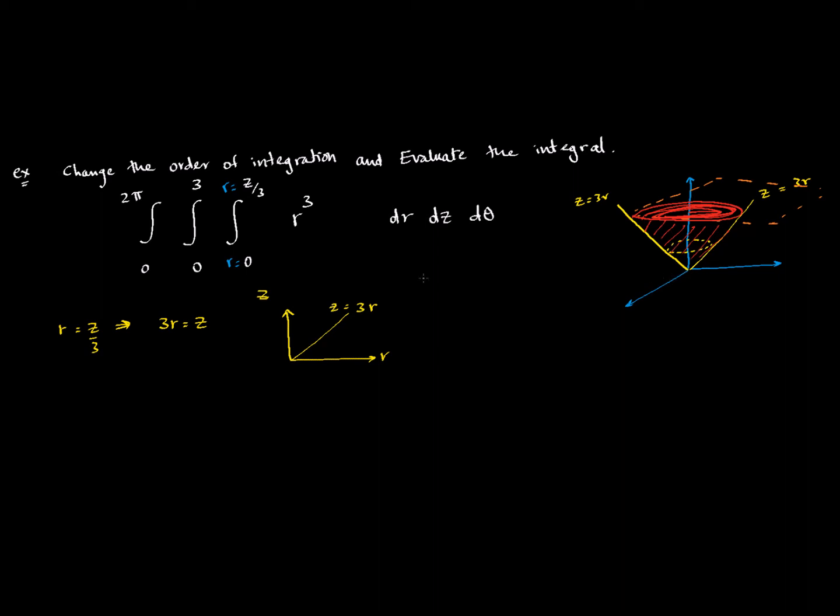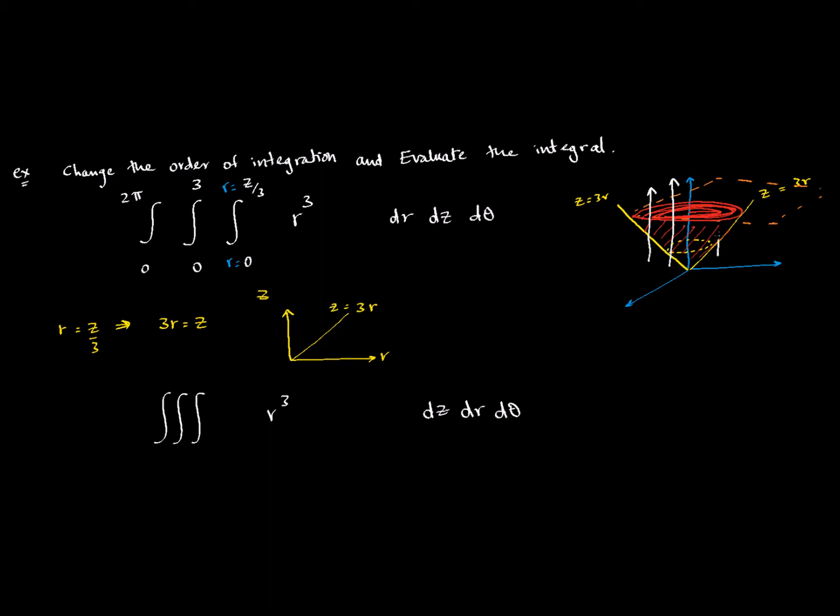Okay, so now that we have an idea what the solid looks like, we can change the order of integration. So we can do it r cubed, dz, dr, d theta. Okay, so let's set the limits in the z direction. In order to do this, we're going to draw arrows in the positive z direction.